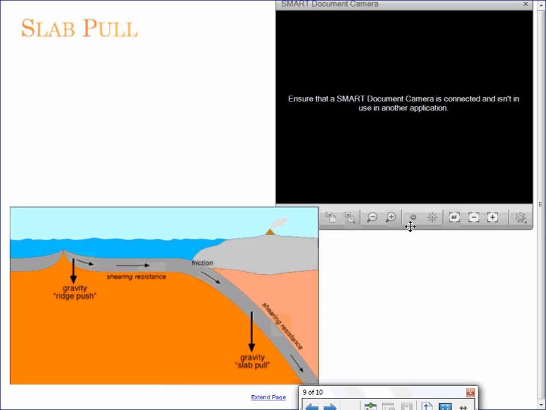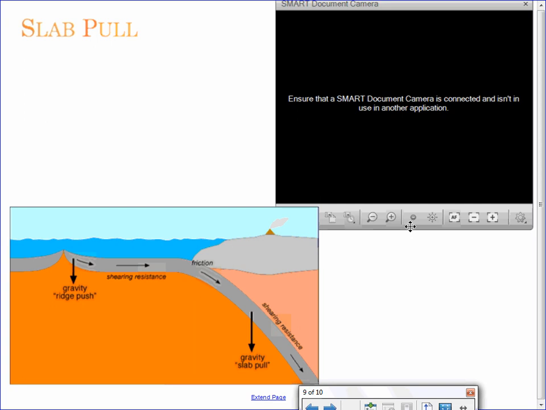Here's a slab pull. So we notice that a slab pull happens because the two plates are going to collide, which is what type of boundary? Convergent boundary. But it is a breaking in the crust, but they do converge together, coming together, and one of the crust is going to do what?